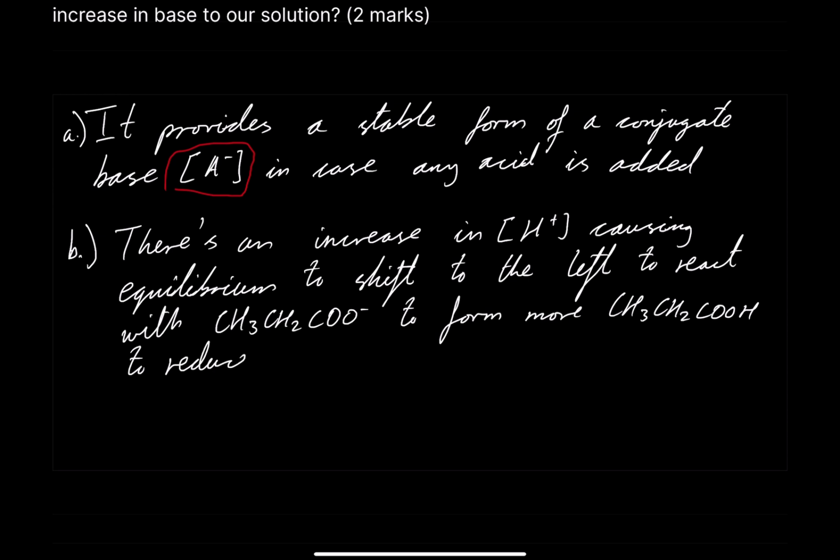So the first mark is for mentioning that an increase in H plus concentration causes equilibrium to shift to the left, which will then react with the propanoate ions to form more propanoic acid. And the second mark is mentioning that this reduces the H plus concentration.